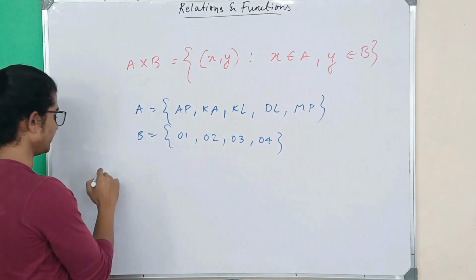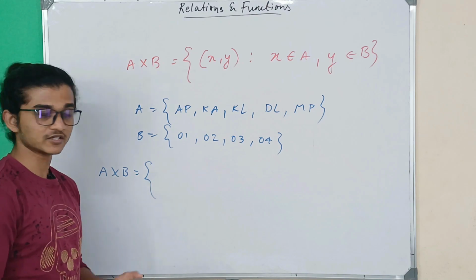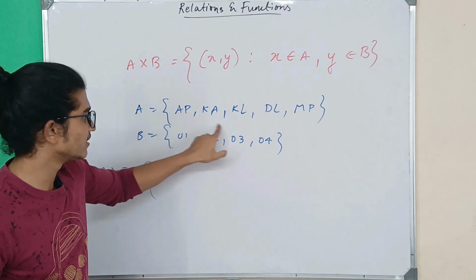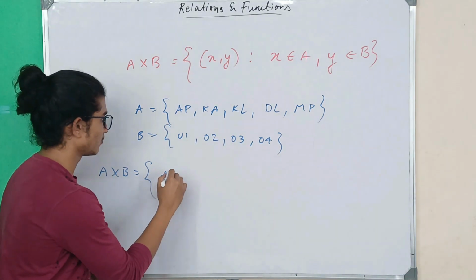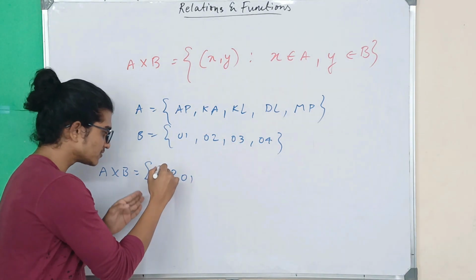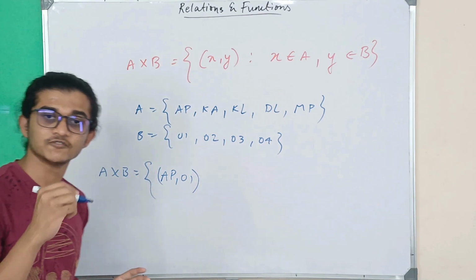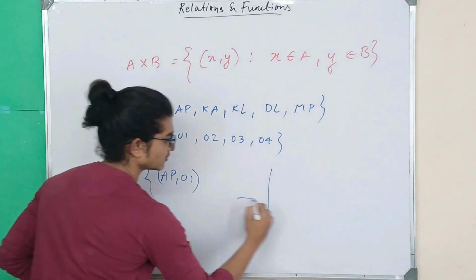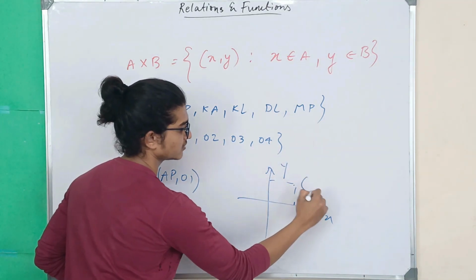Now if I say A cross B, I have to first take the first element from A and then pair it with everything in B. So first AP comma 01, and you enclose this in brackets, just like how you write coordinates in a 2D plane, with the x axis and y axis, and a point like (3, 2).